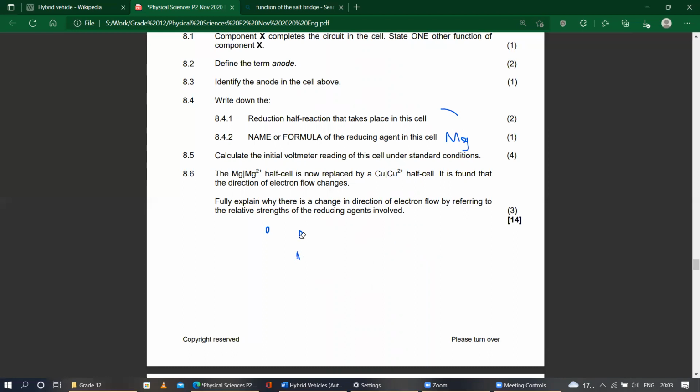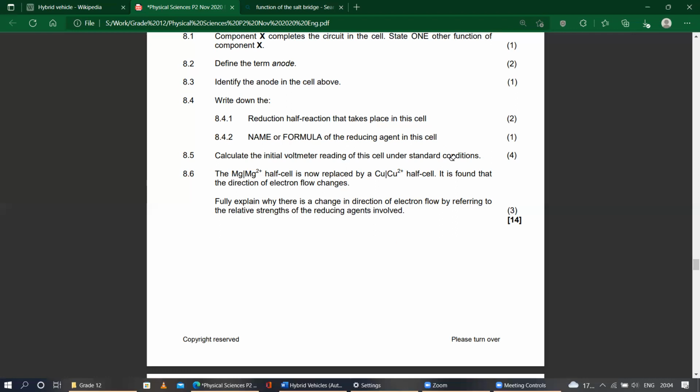If it has a higher oxidizing ability, that means platinum is now going to become the anode and copper is going to become the cathode. So the electrons are going to start moving from platinum to copper. Basically, that's the reason why the direction of the electron flow changes.